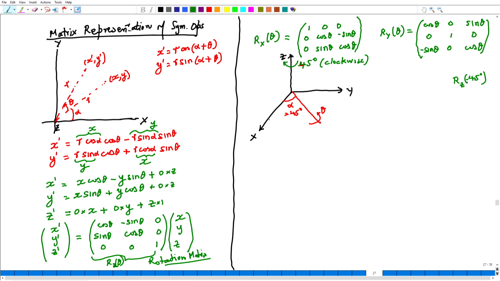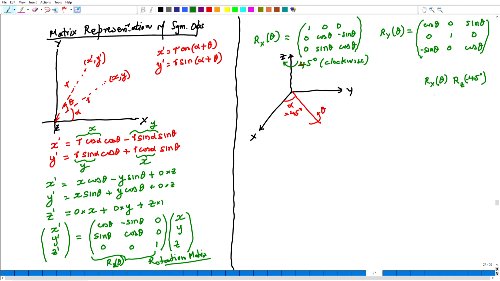Following this, now I can do the required rotation of theta about the x axis, for which we already know the matrix. So, we know the matrix for the z axis also, we know the matrix for the x axis also.